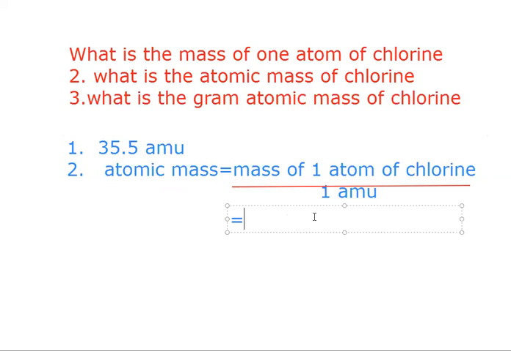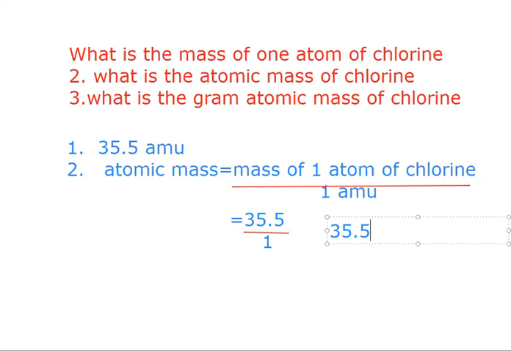We can put the mass of one atom of chlorine as 35.5, divided by 1. So the value will be 35.5. This will be the atomic mass of chlorine.